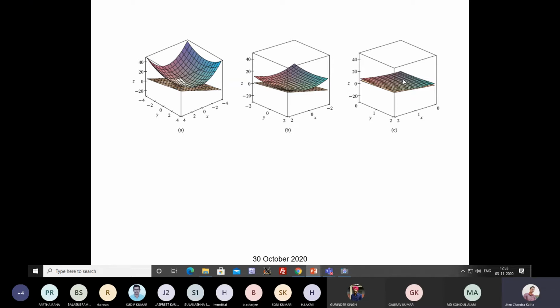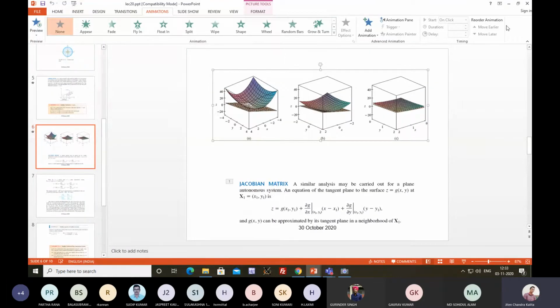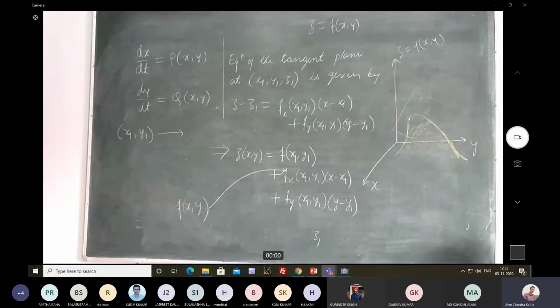That means in the neighborhood of this point where the tangent line is being considered, the tangent line is a very good approximation of the given surface. Is it clear to everybody? Yes, sir. So that is exactly what we are doing here. This is the geometrical interpretation of that.